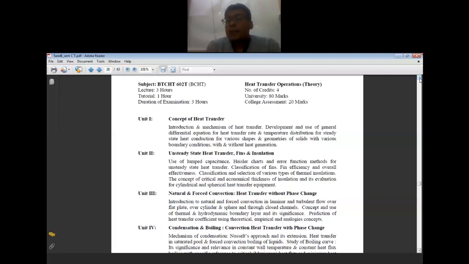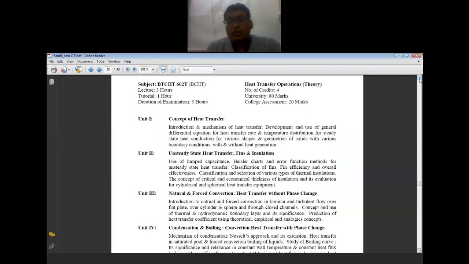This is the basic important equation that is required to be developed and used, the general differential equation for heat transfer. That will incorporate the diffusion term, the generation term, the unsteady state terms. And this general equation, with the application of certain conditions, can be reduced to Laplace equation, Fourier equation, Poisson's equation.